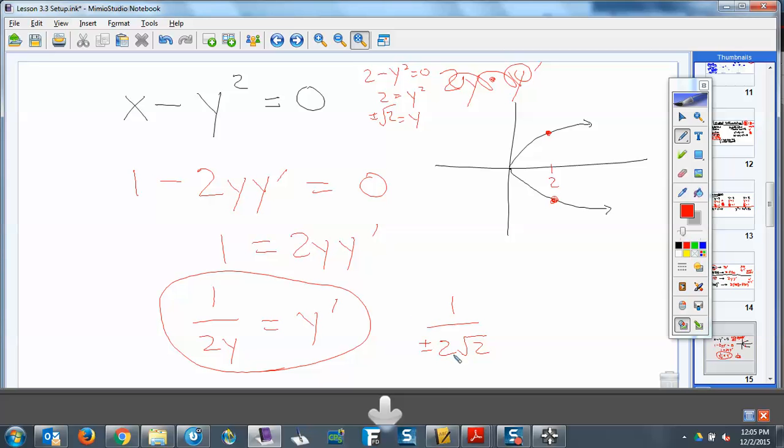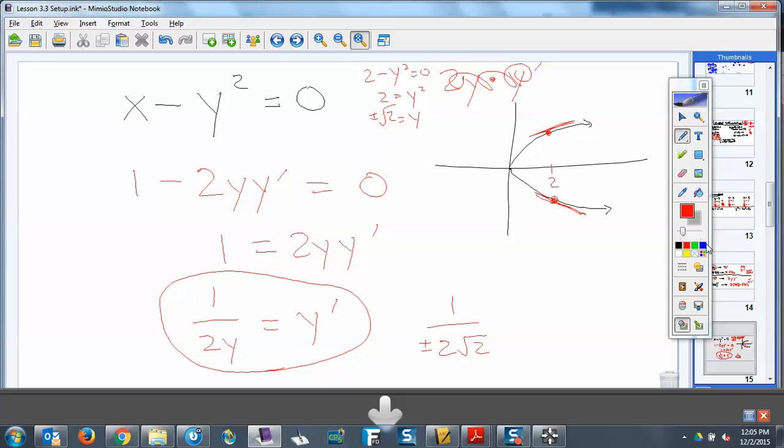And does it make sense I would have a plus and a minus? Because right here I'm going to have a positive slope, and right here I'm going to have a negative slope, and it doesn't look like they have the same steepness. It's just that one is positive and one is negative, right? So whatever that number is, that would be the slope at those 2 places, right? So that is implicit differentiation.